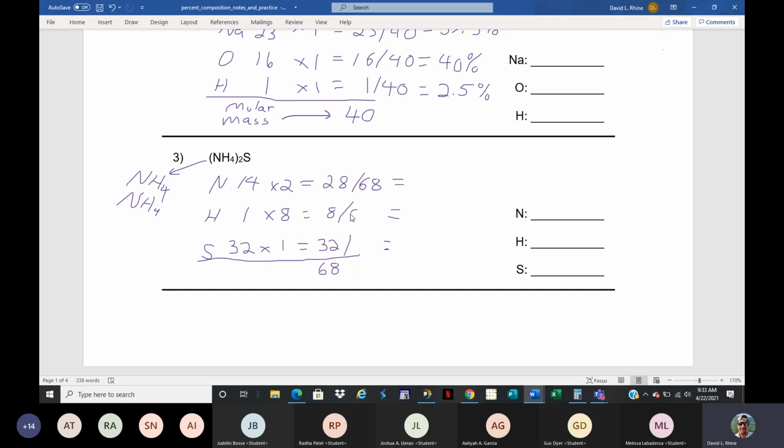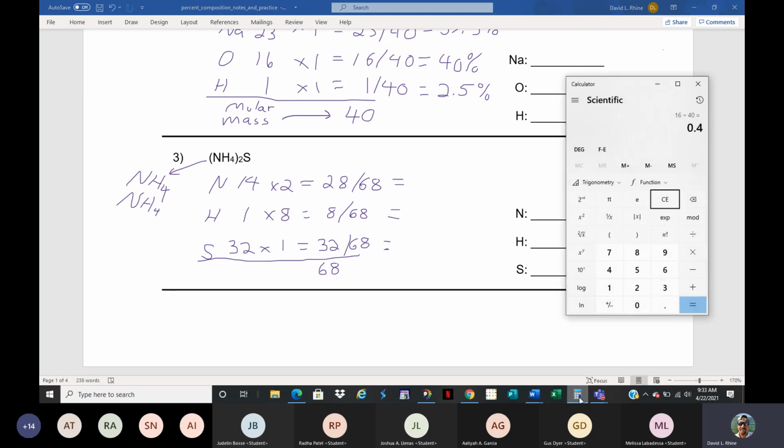Now, I'm going to round this a little differently when I get my answers to illustrate to you, again, to just relax if you know the process. If your answer is slightly different from the answer key, don't have a panic attack. All that means is you rounded differently than the person making the answer key did. All right, so 28 divided by 68, that's 41.